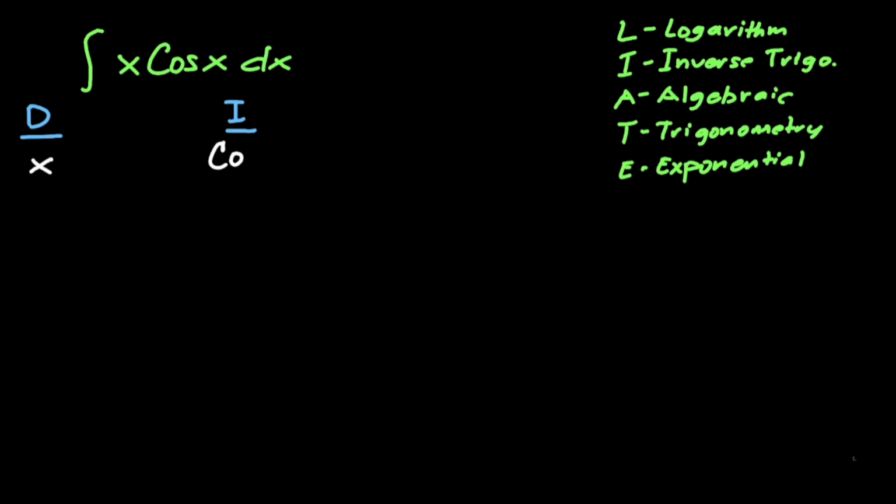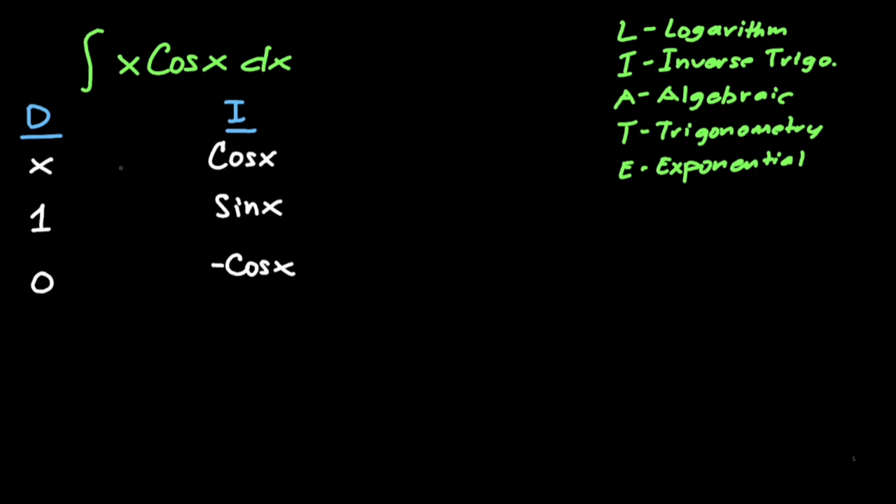So under integral, it will be cosine of x. The derivative of x is simply 1. The integral of cosine of x is sine of x. The derivative of any constant, which includes 1, is 0. The integral of sine of x is negative cosine of x.